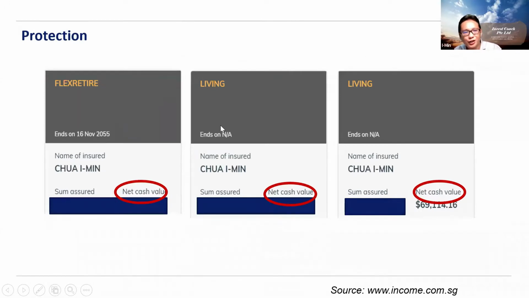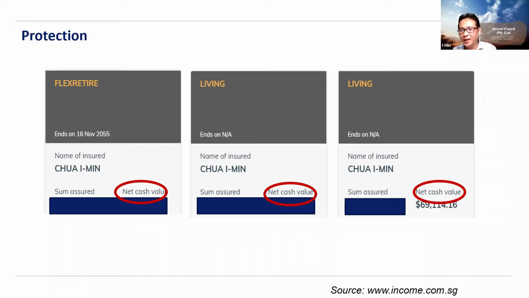And I did mention protection. A lot of people have been asking how much emergency fund you should keep. Instead of keeping cold hard cash, what I did is keep it under my insurance policy. Again, it's good to understand all these instruments, then your money will be deployed more efficiently.